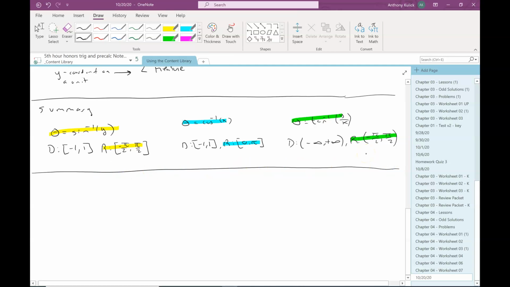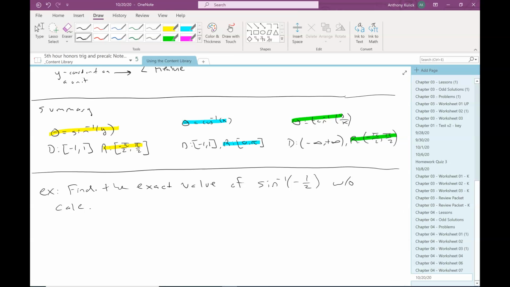So let's look at an example. Let's say we wanted to find the exact value of sine inverse of -1/2 without using our calculator. Is everybody okay with that?